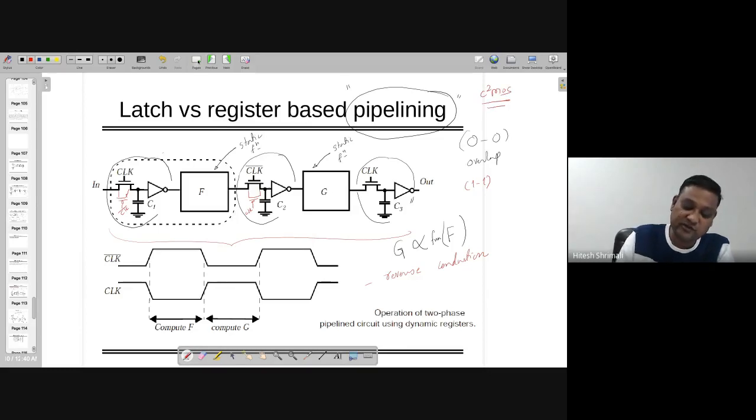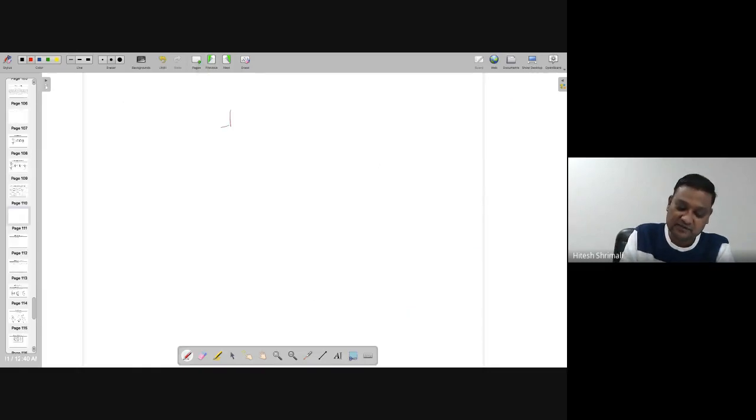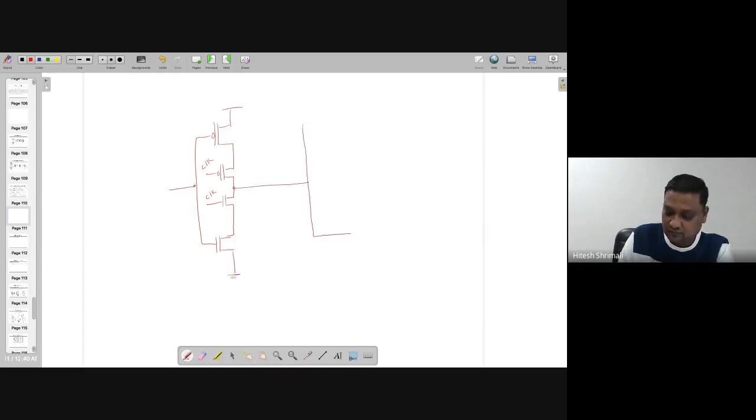How does C-square MOS look like? This is the same thing we have already studied, but for you people, I'm drawing it one more time. So this is the C-square MOS based flip-flop.